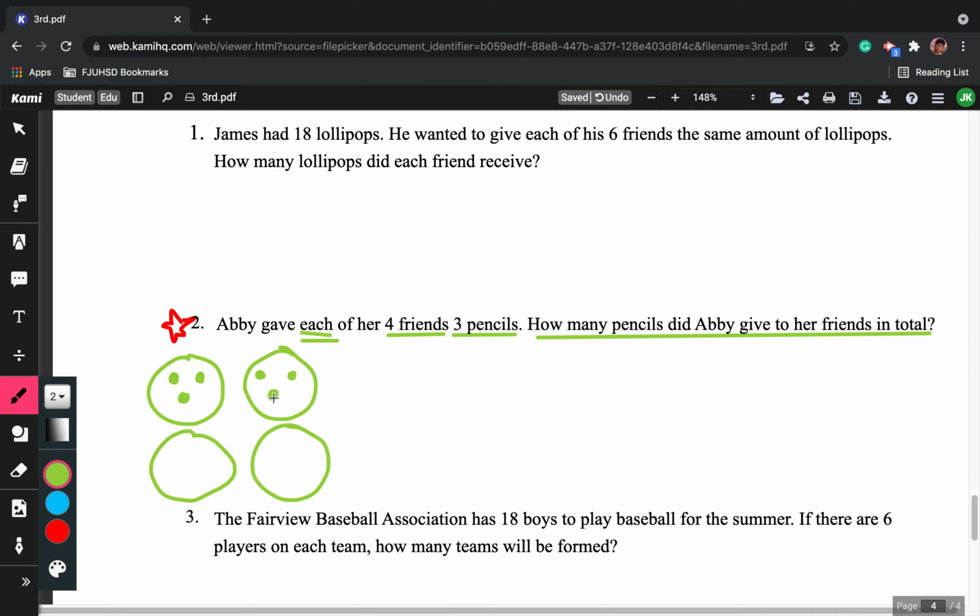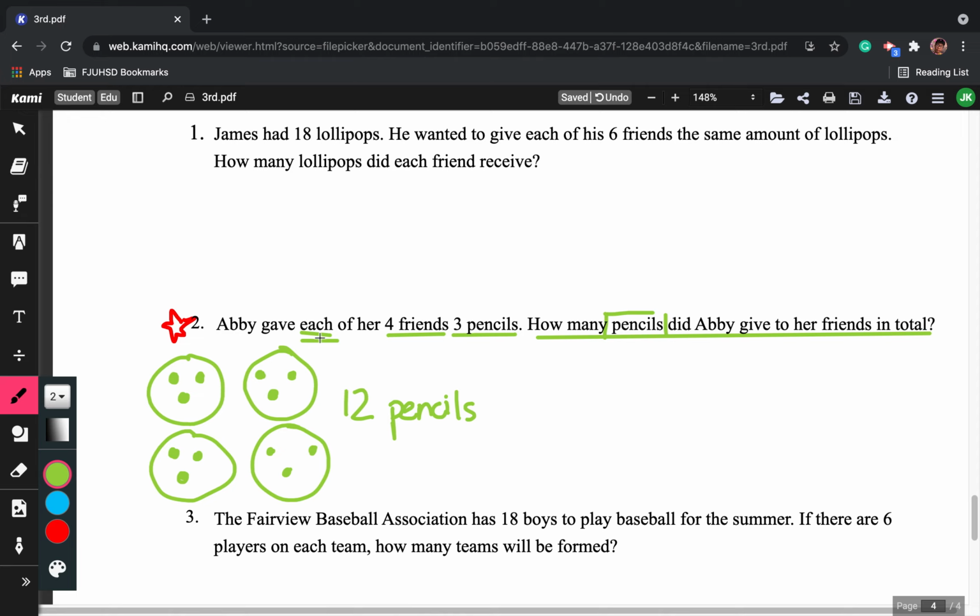Friend B got 3 pencils. Friend C got 3 pencils. And friend D got 3 pencils. So if we add all of these together, 1, 2, 3, 4, 5, 6, 7, 8, 9, 10, 11, 12. That's the answer. Remember to write the units, which are pencils, because that's what she's giving.